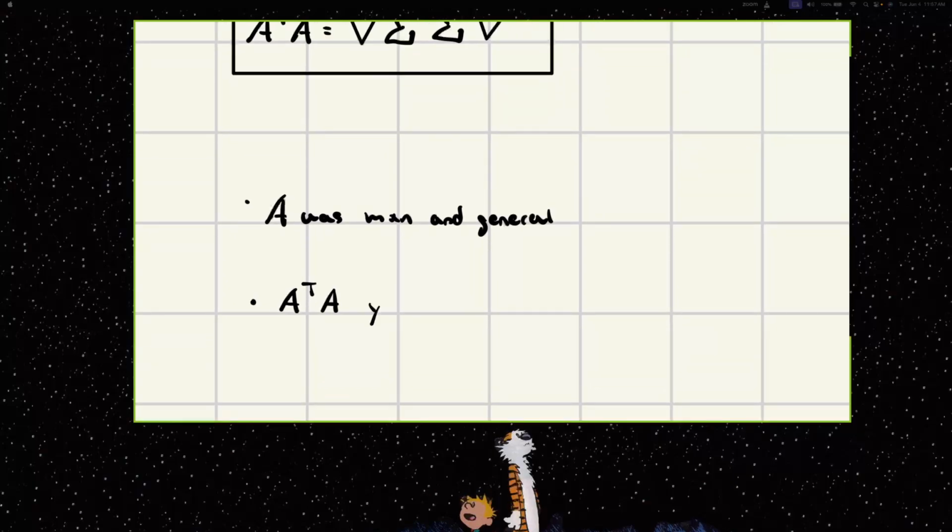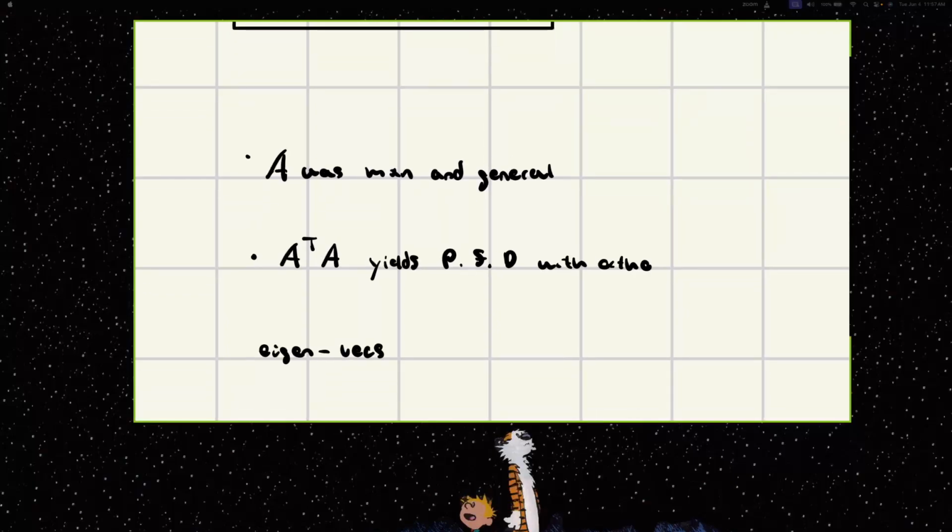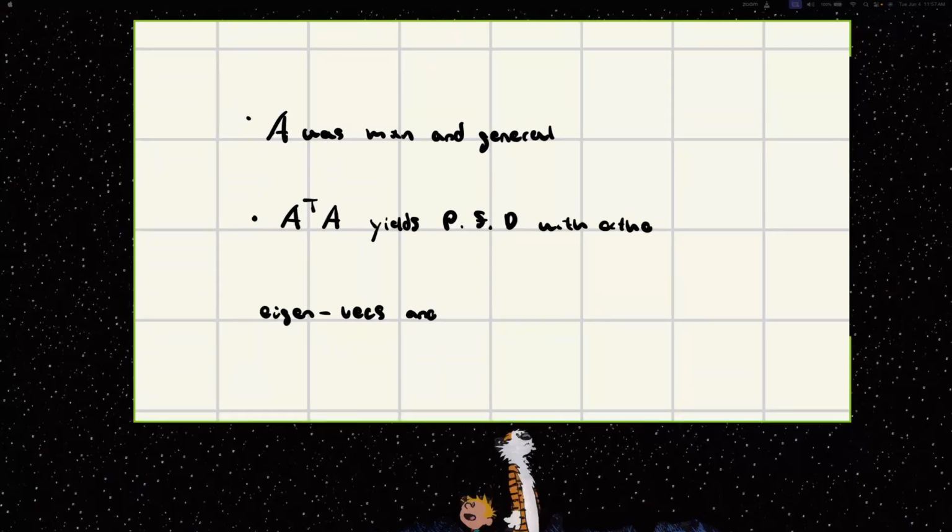So A transpose A yields, I'll just say PSD, with orthogonal eigenvectors and positive eigenvalues.